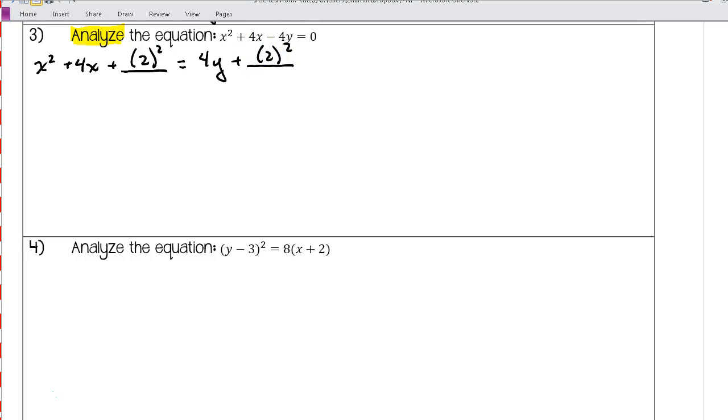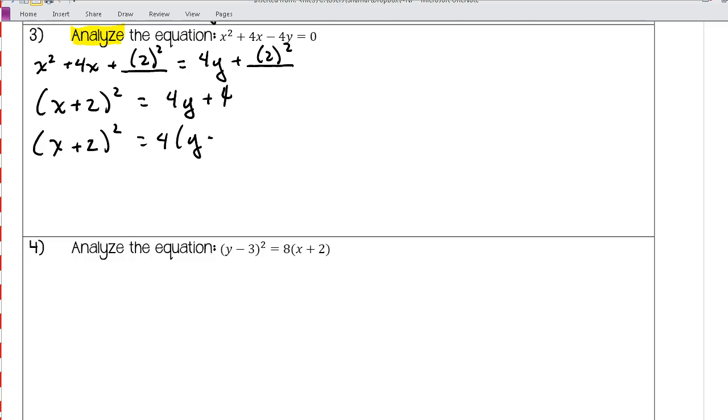Add that on the other side as well. This becomes a perfect square trinomial, so it's x plus 2 squared is equal to 4y plus 4. And one more step, we'll factor out that 4 on the right. x plus 2 squared is equal to 4 times y plus 1. So here's my standard form.